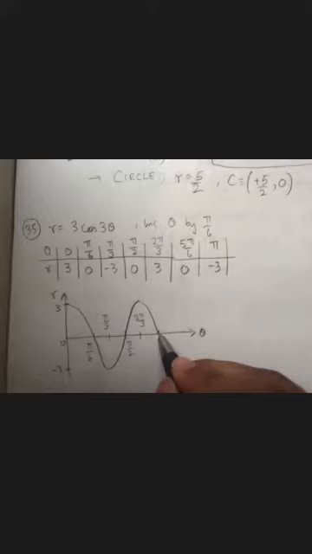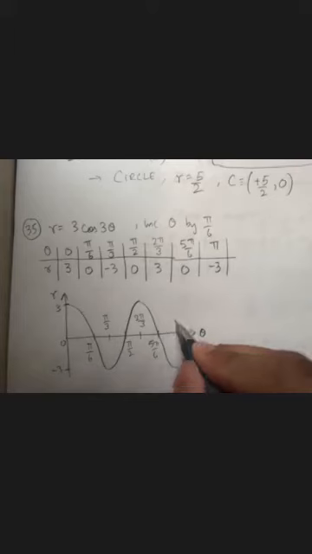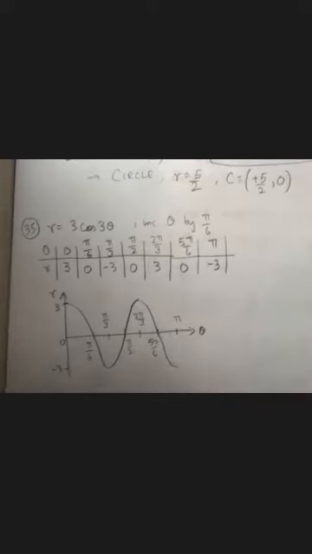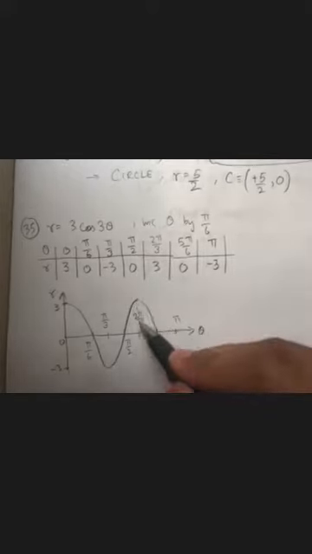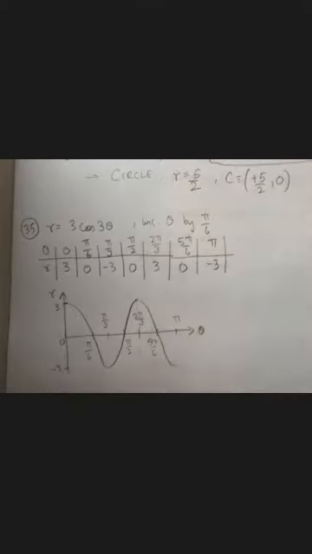Then it's 0 again. And then it's negative 3 at pi. So this cycle can repeat. You can stretch it to 2 pi as well. So this is one period, this is the cycle. You can repeat this as much as you want. And this is only the graph of r.